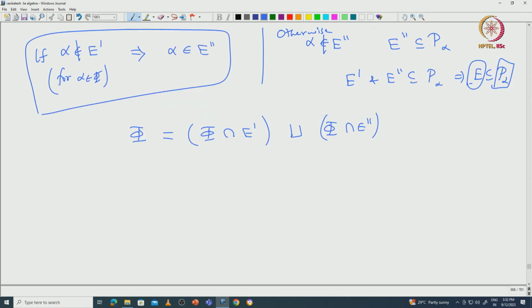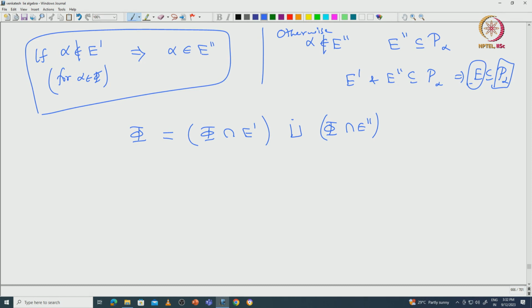Now, since phi is irreducible, we need to verify that this is actually an orthogonal decomposition. Then that proves that phi cannot be written as a direct sum of these orthogonal subsets. So, let us see what happens if we take elements from E dash and E double dash.